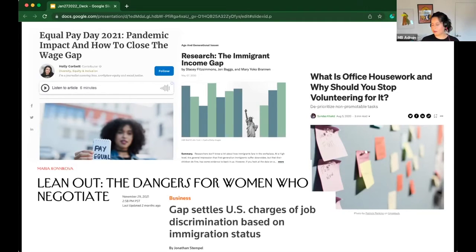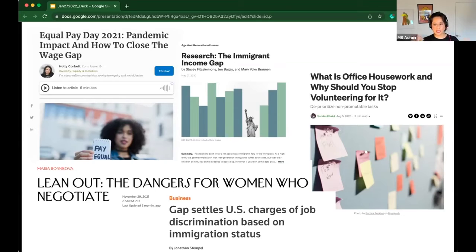We also know that, again, it's 2022, women, and in particular women of color, are most often handed non-promotable tasks like taking notes, ordering lunches, making PowerPoint presentations. And what I have experienced, and I think some of you on this call have as well, is that that's not just newer employees or junior employees.